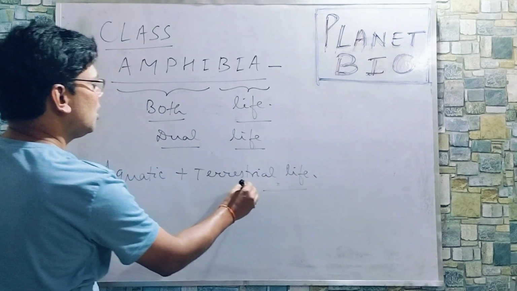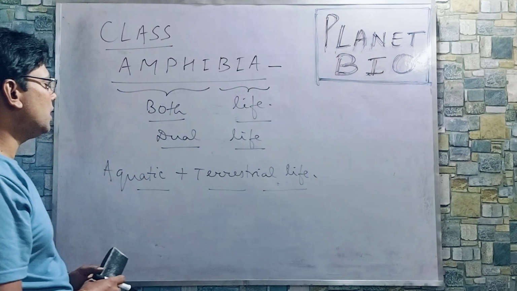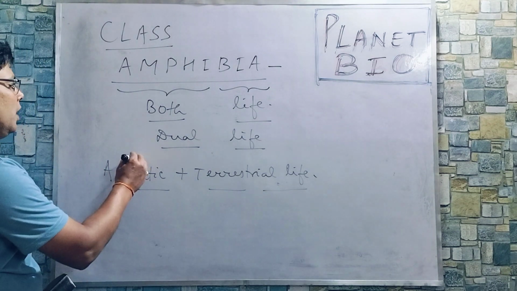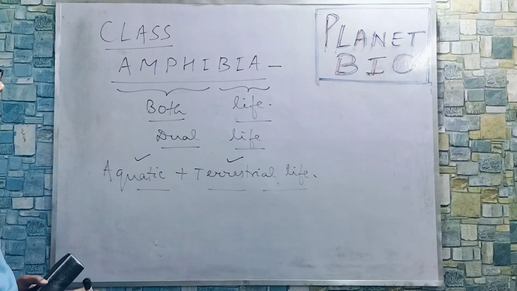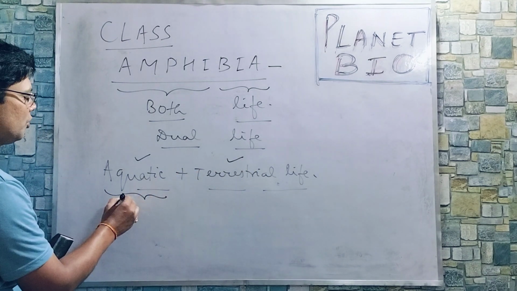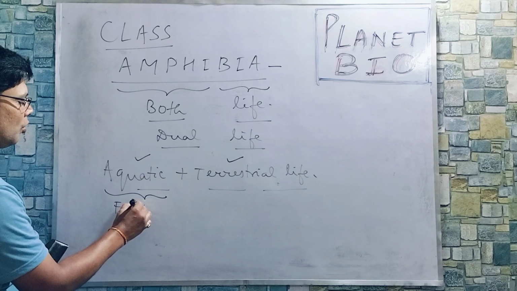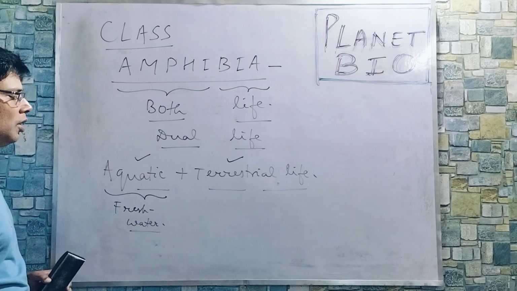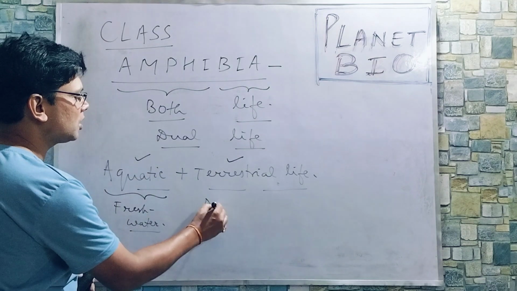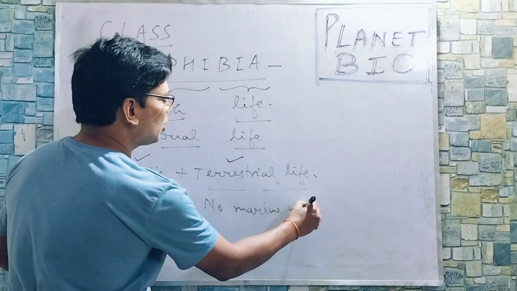That means the members of this class are capable of leading their life in water as well as on land. But only freshwater forms are there, which means they will be found in rivers and ponds only. No marine water form is found.